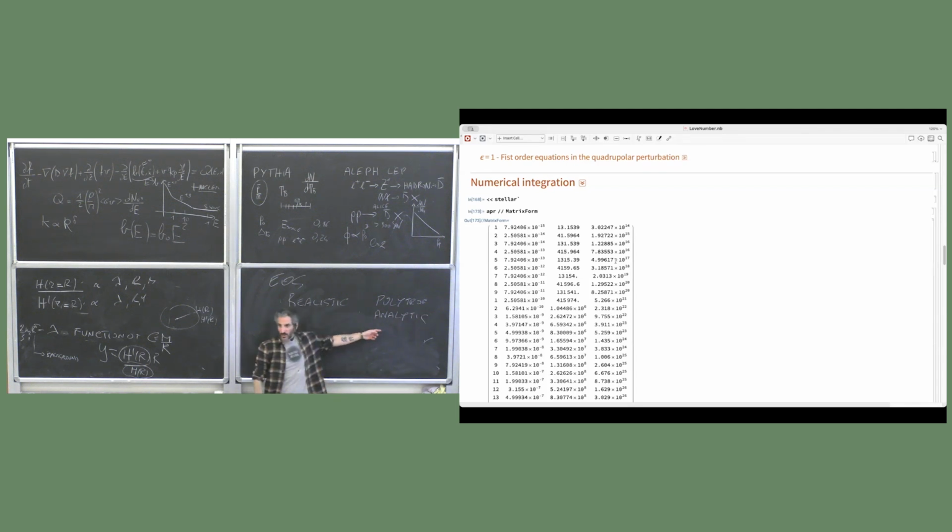So the analytic one or the polytropic one are those that relate the pressure and the density in a sort of closed form, which is basically fully analytical. And then instead there are the realistic equations of state in which P as a function of epsilon comes from microphysical calculations. For example, I want to understand how the pressure and the energy density relate in a system of interacting nucleons.